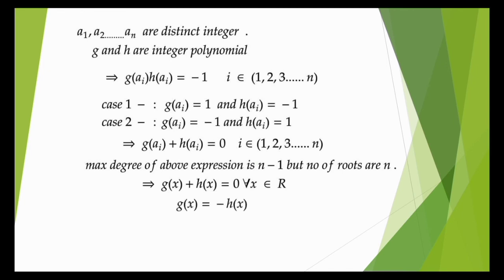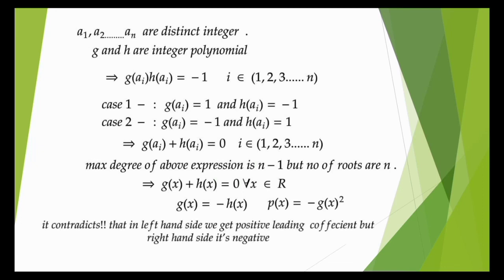Now we obtain that g of x equals minus h of x, and we can substitute this value and obtain p of x equals minus g of x squared. And here is the thing that contradicts our assumption: the left-hand side of this expression has a positive leading coefficient, because we know that p of x has a positive leading coefficient, but the right side of the equation has a negative leading coefficient.